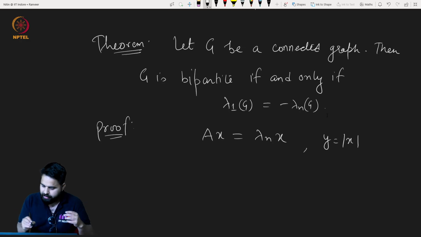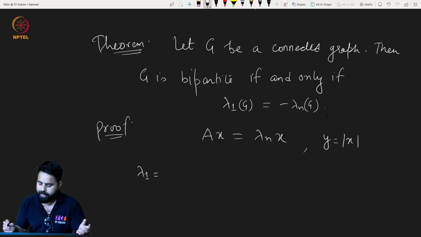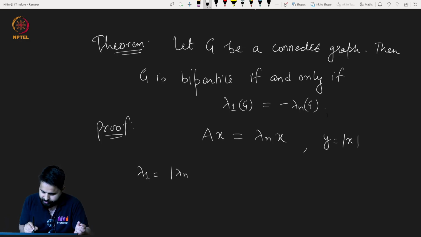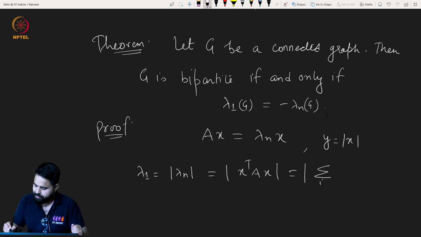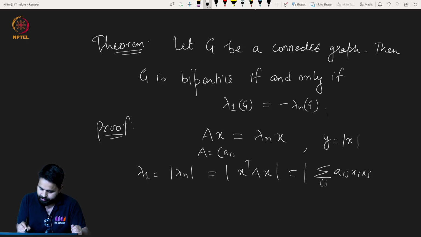Now we know that it is given to us that lambda 1 is equal to minus lambda n, so I can safely write it like this. Now this quantity lambda n is equal to x transpose A x, which is nothing but the summation over all i, j of a_ij x_i x_j, where A is some matrix.